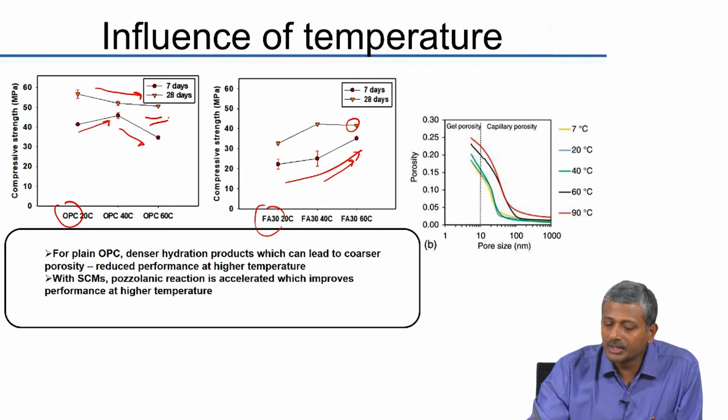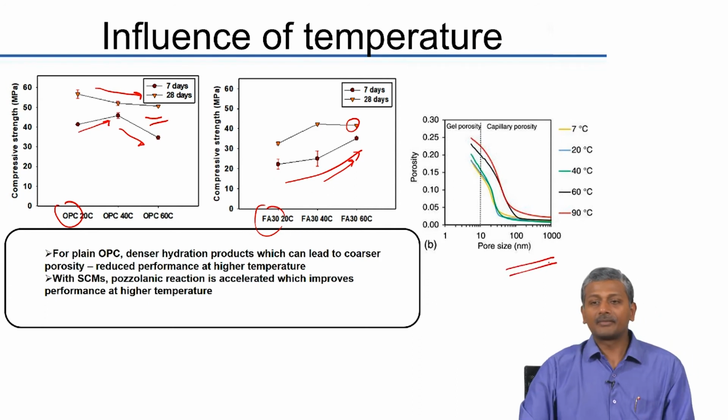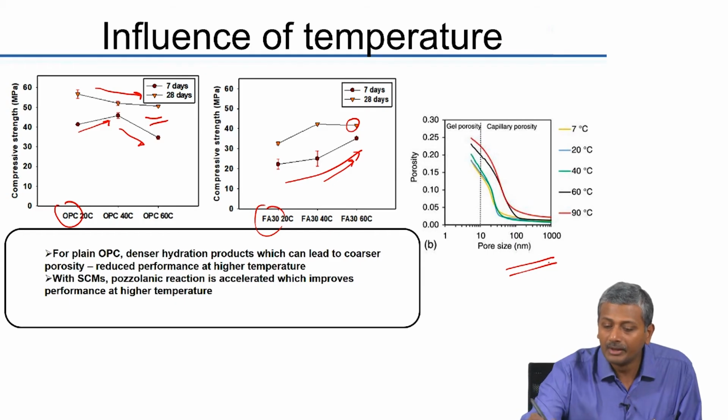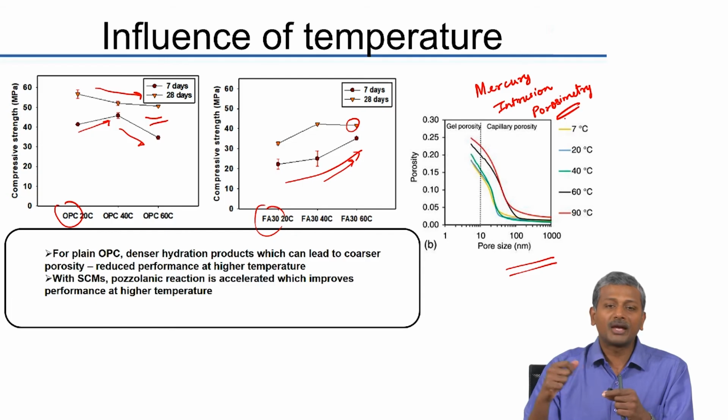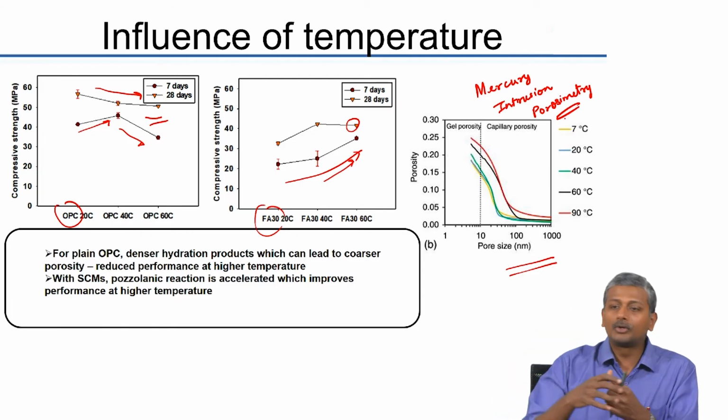Now what is also shown here on the right side is an example of how the porosity varies with different temperature, and this is determined with a technique called mercury intrusion porosimetry. In this case, what we do is we have cement paste or mortar samples which are enclosed in a chamber, and we pressurize mercury into entering the pores.